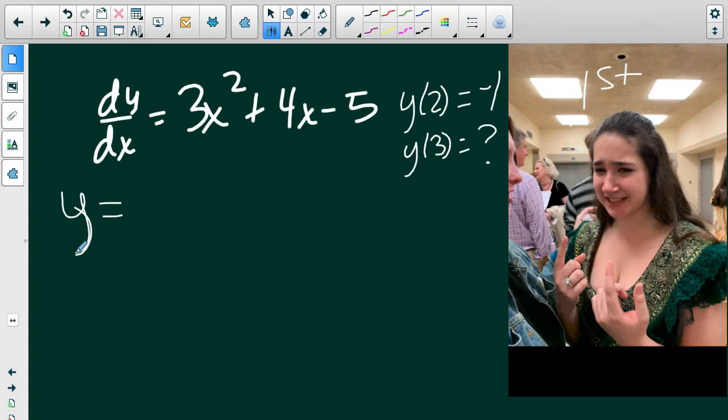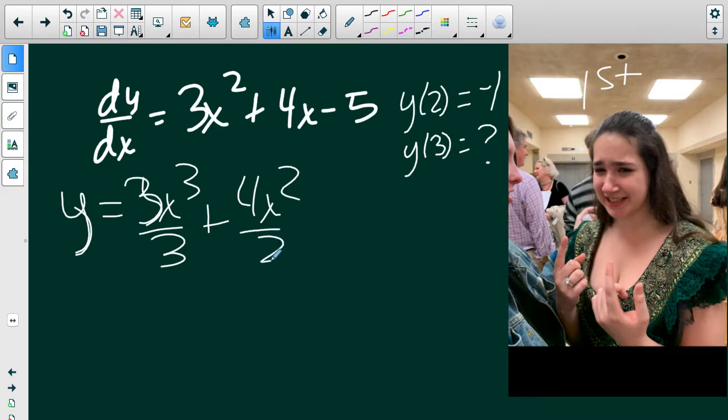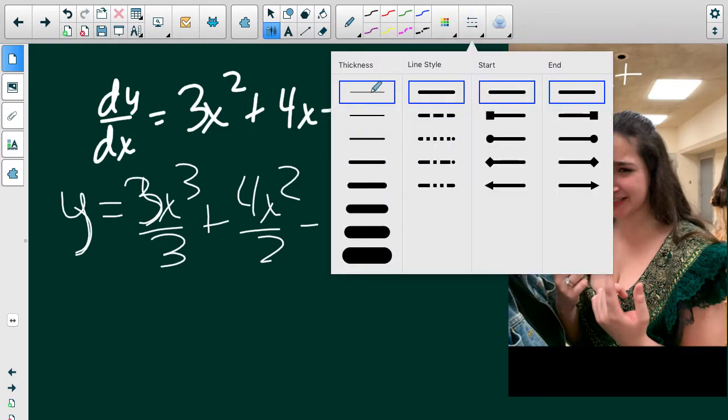You'll see when you get there and you'll laugh at whatever your friends call it. So you've got the difference quotient and you're going backwards. To go backwards, this would be 3x to the third over 3 plus 4x squared over 2 minus 5x. The plus c is so important, okay? Because if you have the derivative, you're not going to know anything about your constant.